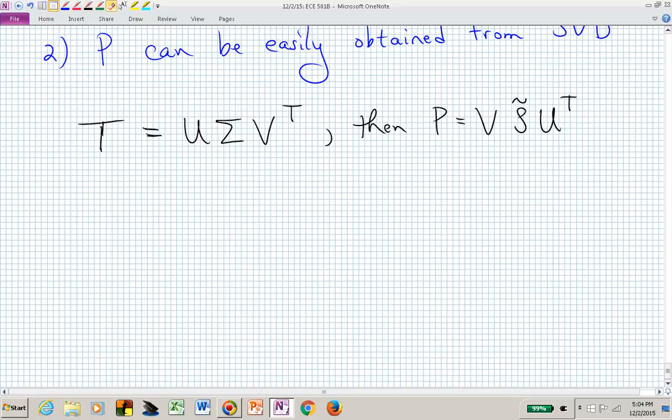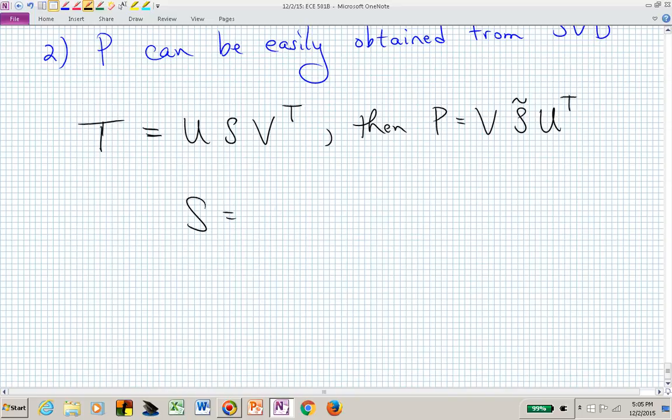Sorry, may I change my notation? Instead of the Greek symbol sigma, let me just call that S. So this is now U S V transpose. Usually the singular value decomposition is U sigma V transpose, but to be consistent with what I'm going to say now, let me call that S. It's still a matrix that in the upper left-hand corner is diagonal with non-zero singular values in that diagonal location.